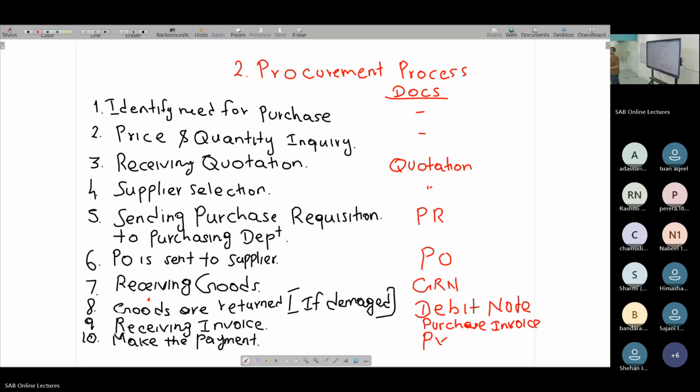Debit note: confirmation of return goods.